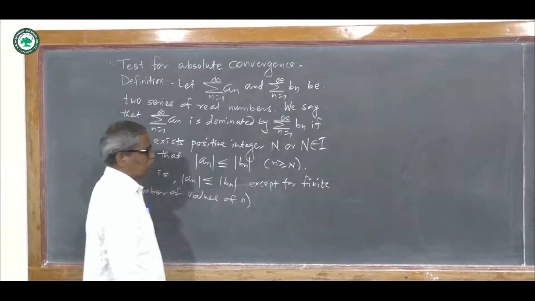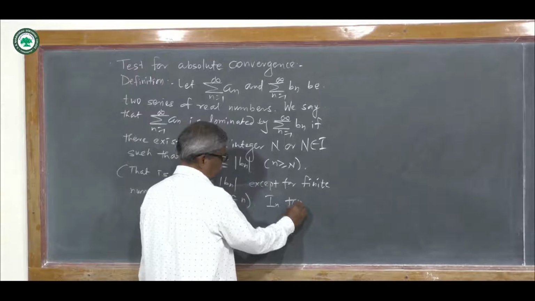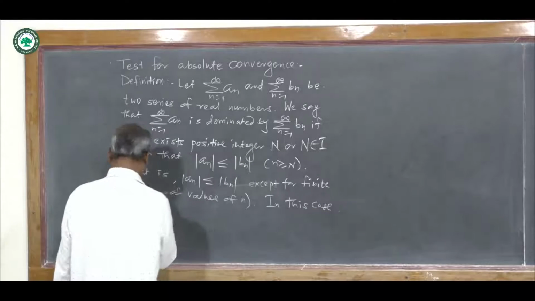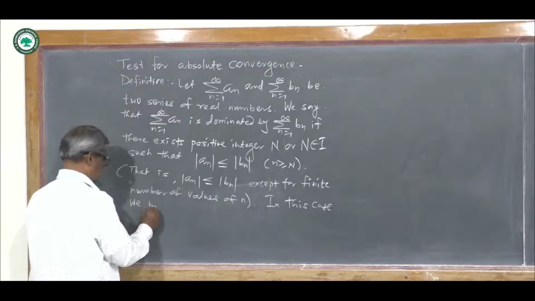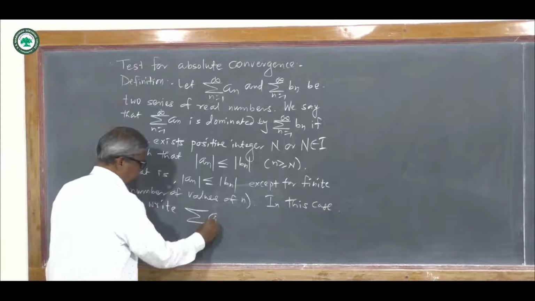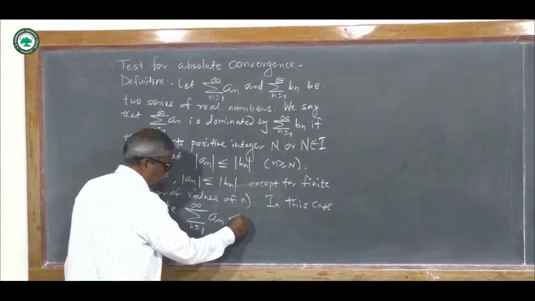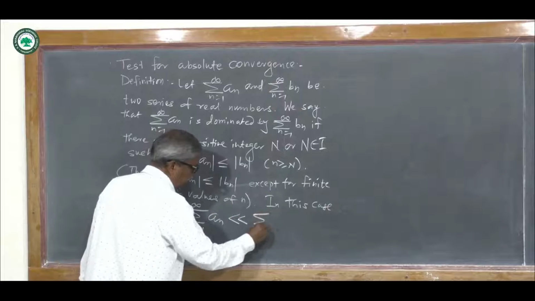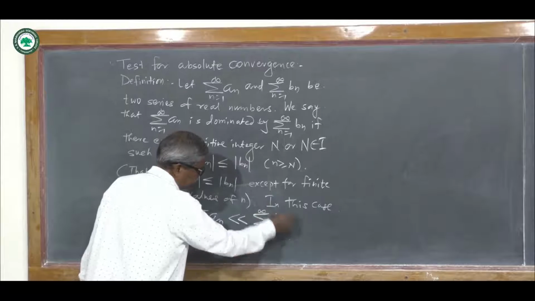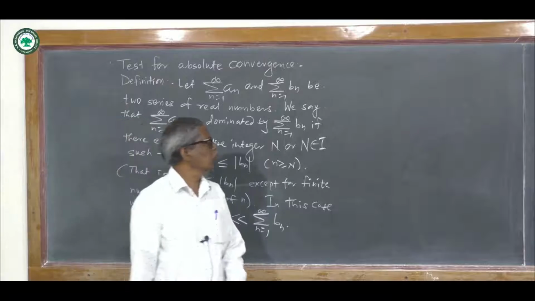In this case, we write summation a_n, n equal to 1 to infinity, is dominated by summation b_n, n equal to 1 to infinity.